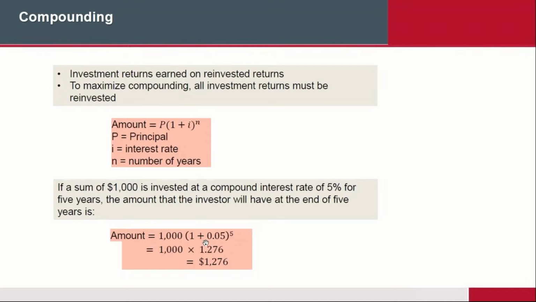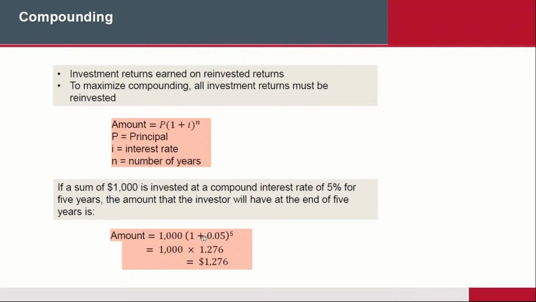So it's not 5 times 1.05, but 1.05 multiplied by itself 5 times, and that way you get 1.276. If you multiply 5 times 1.05, you're not going to get 1.276. As simple as that. So it's very important to remember that what's in the bracket is raised to the power of the periods, that's what they call it here. The 5 is the number of years, so the periods, okay?